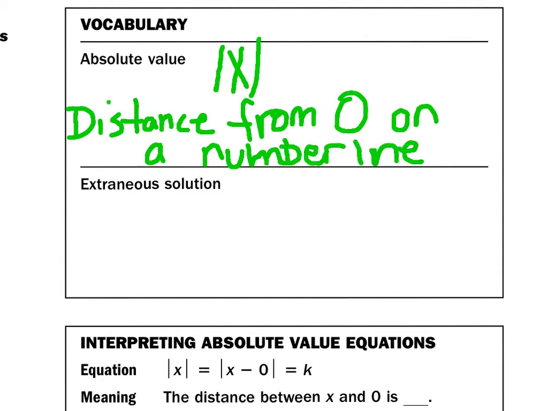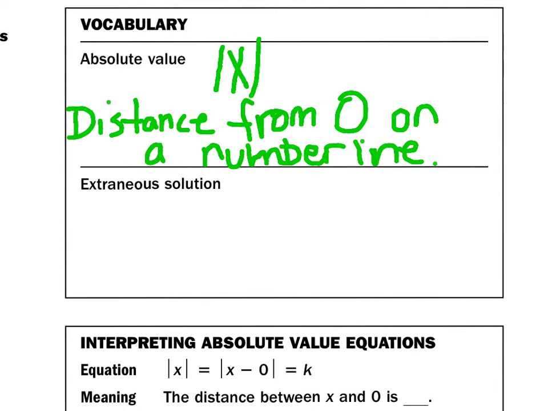The important thing to remember is a distance can never be negative. So you can never have an absolute value that's negative. And those would turn out to be no solution. We'll come across those in a minute.